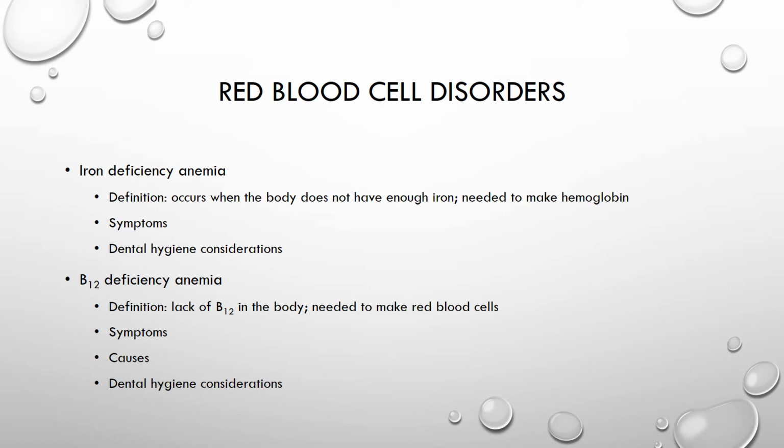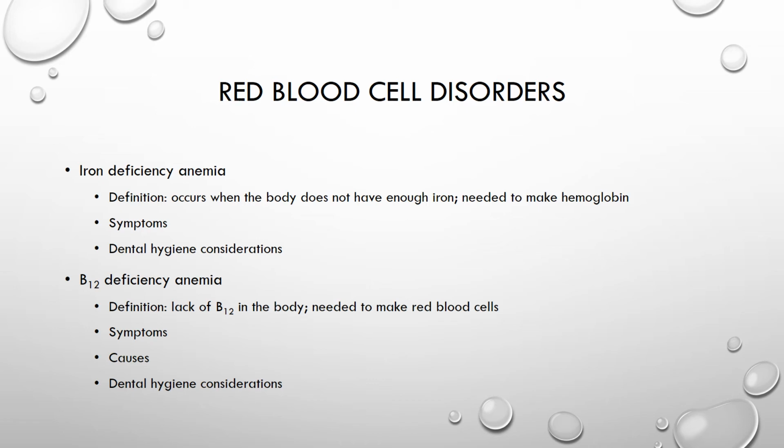Symptoms include fatigue, headaches, brittle nails, and sore tongue. Encourage the patient to seek medical advice, get a dietary analysis, and do some education. Work closely with the patient on home care strategies.